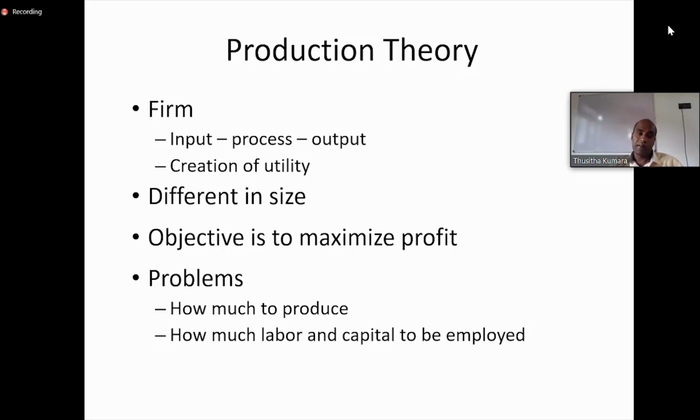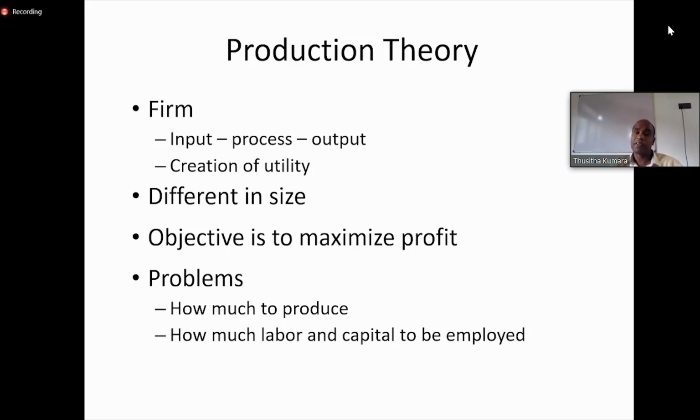Anyway, whatever the definition you are taking, these firms are different in size. We don't see exactly the same size of business entities. If you take University of Peradeniya, maybe 25,000 undergraduate students are there. So they are big in size.